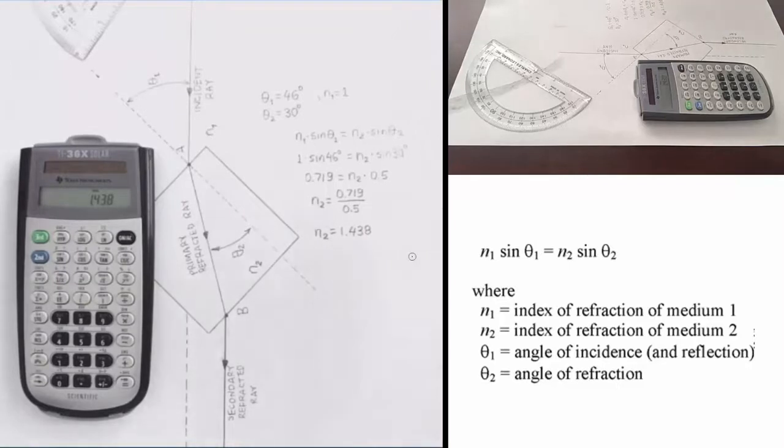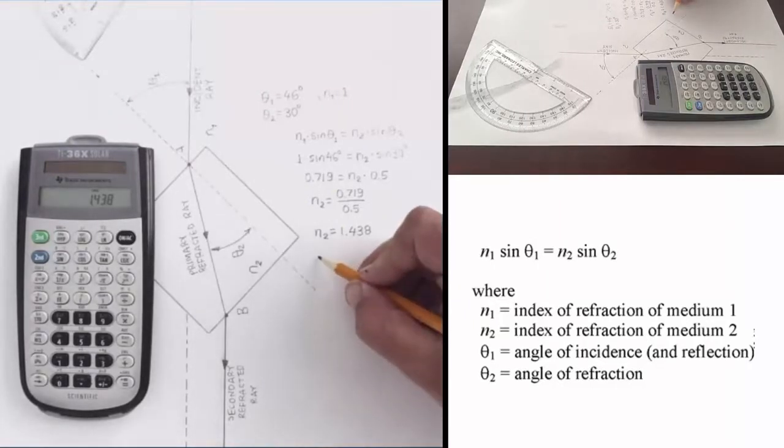So what you can observe here is that the index of refraction of the acrylic block, of our block, is larger than 1. So the material that the block is made out of is optically more dense than air. Another interpretation of this number is that the speed of light in this medium is lower than the speed of light in air.